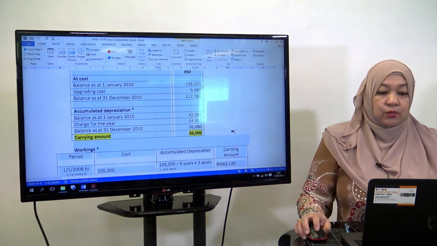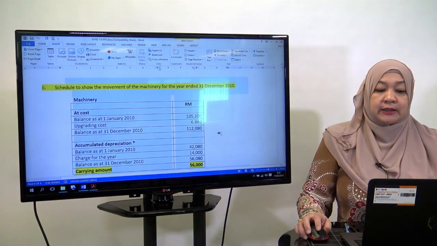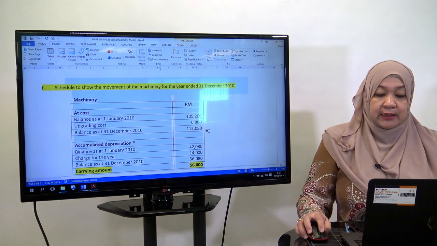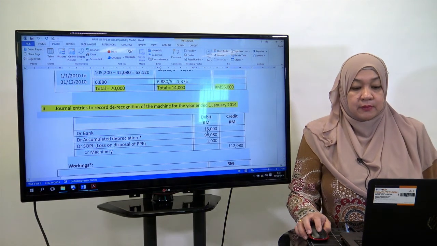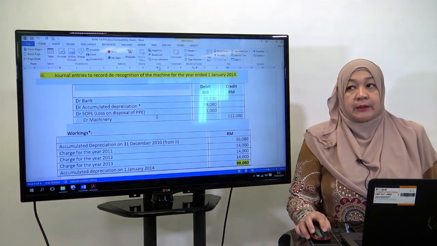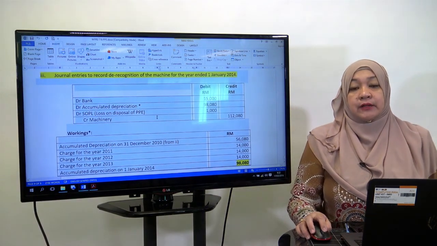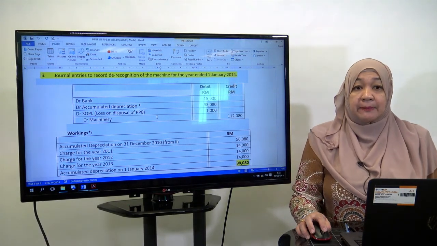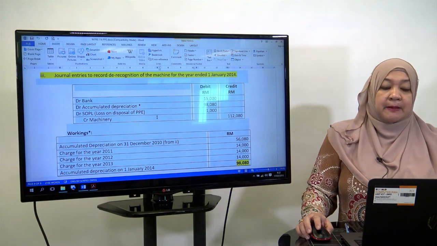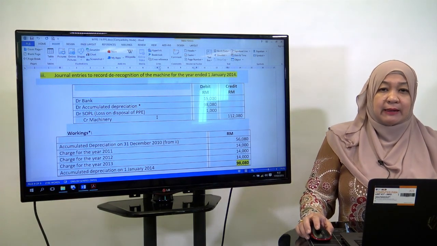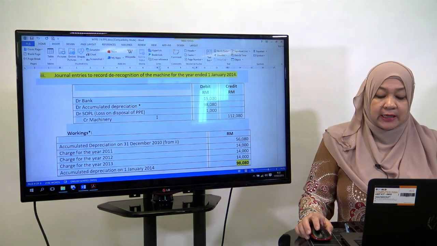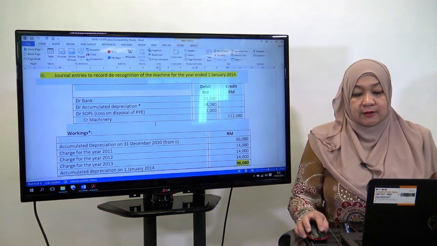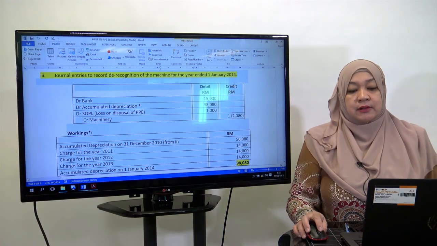So how do we get 112,080? That is the value of the machinery as at 31st December 2010. Okay, so machinery is a non-current asset which normally has a debit balance. But when we want to derecognize it, meaning that we have to take out the machinery out of the account, so we credit the account, right?